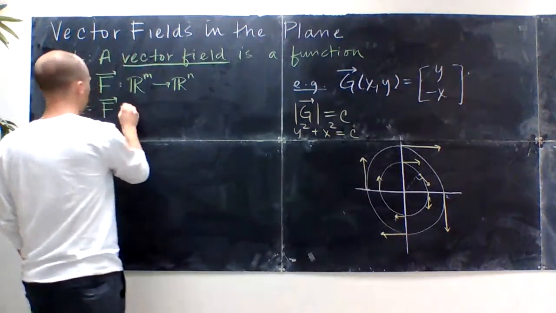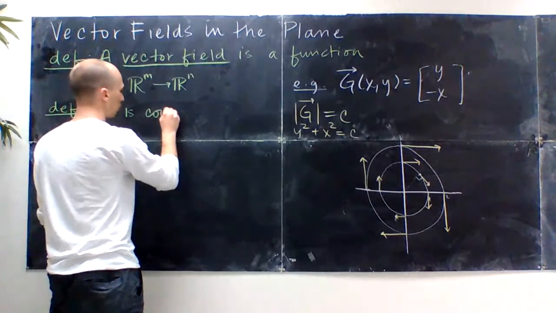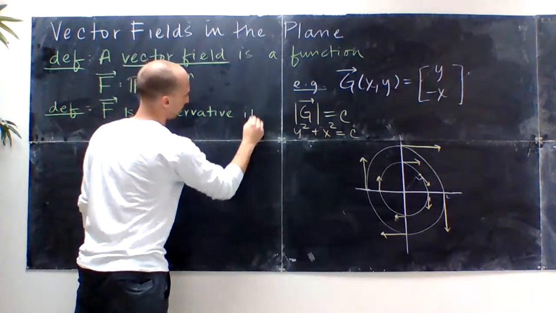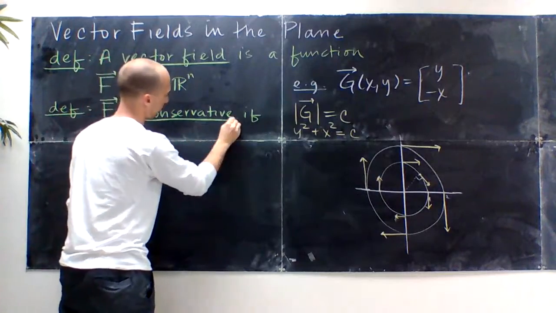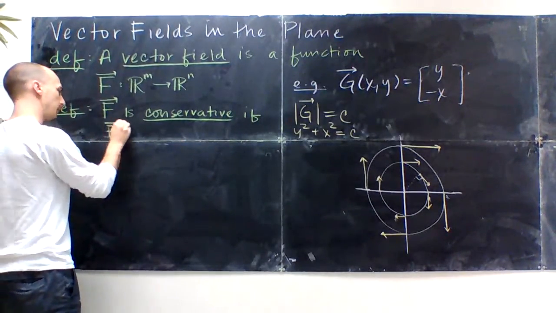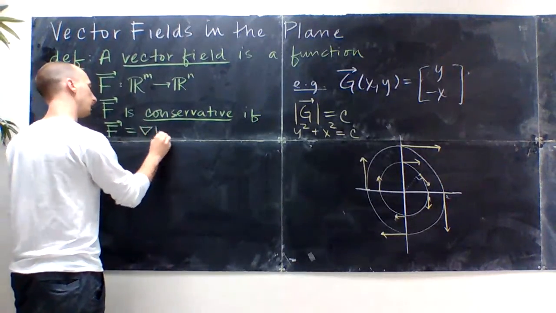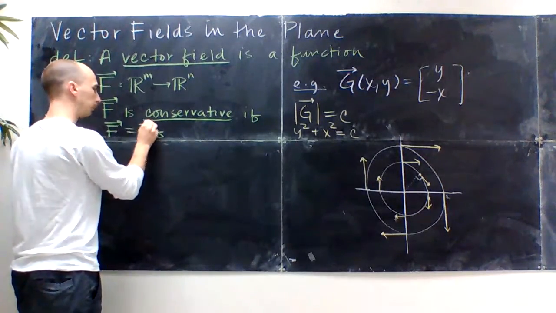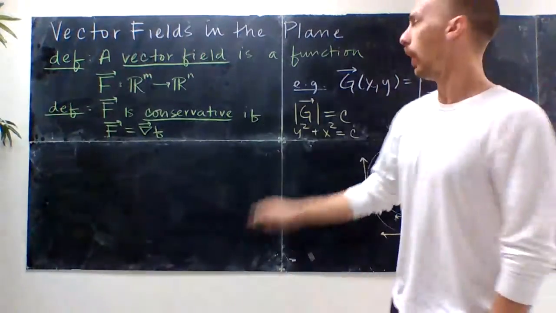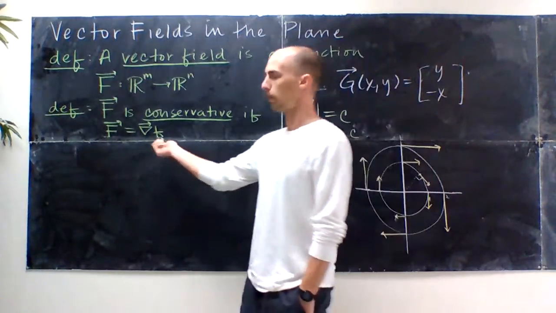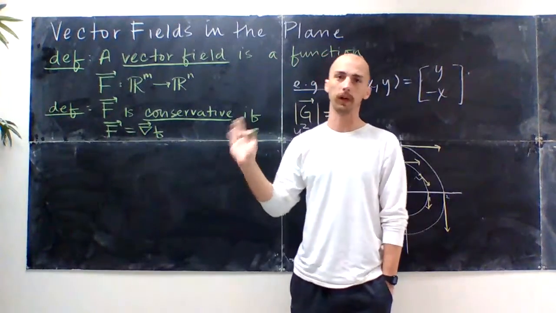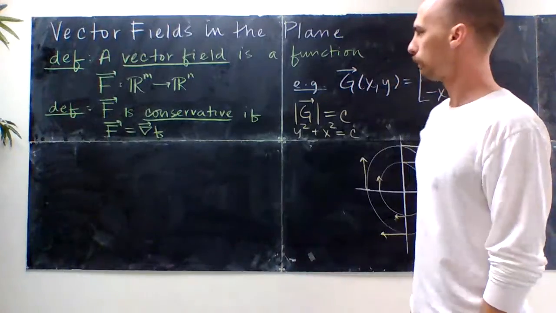So we say that F is conservative if F is equal to the gradient of some other function. I will tell you that we will call this the potential function. This lowercase f is a real valued function.